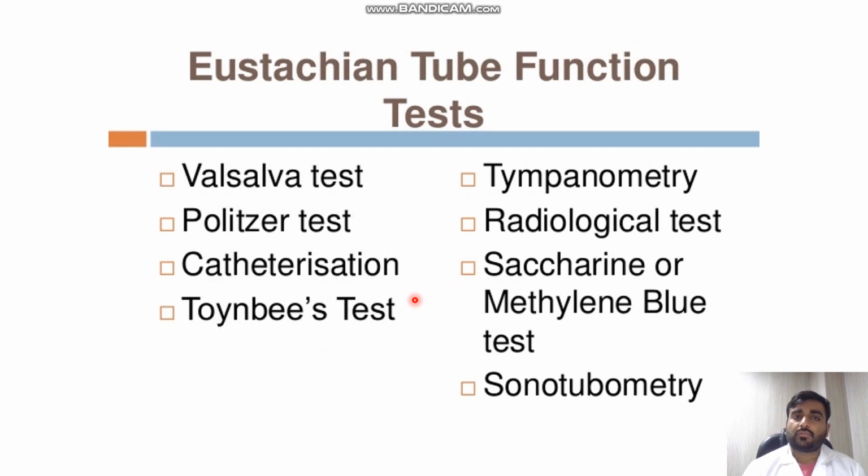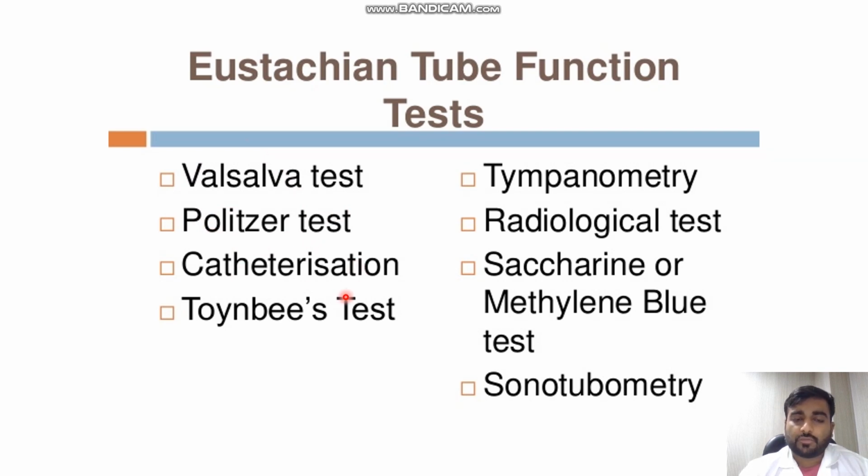Now we are discussing the Eustachian tube function tests. There are maneuvers building positive pressure in the nasopharynx, maneuvers building negative pressure in the nasopharynx, and some mucociliary and drainage tests. The tests building positive pressure in the nasopharynx are the Valsalva test, Politzer test and catheterization test.